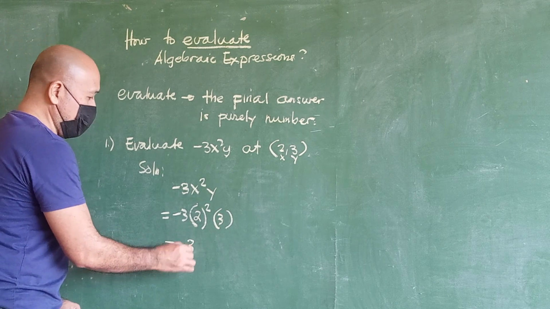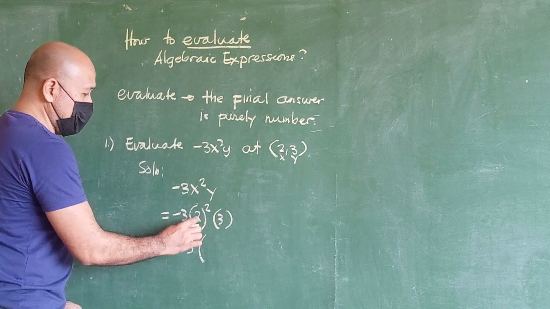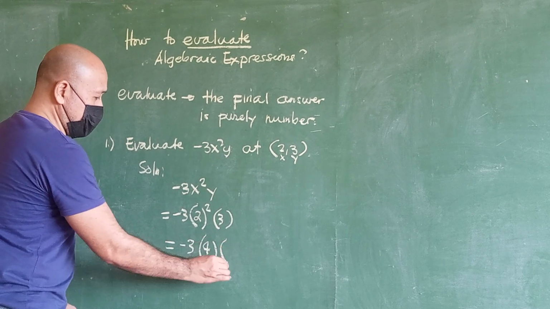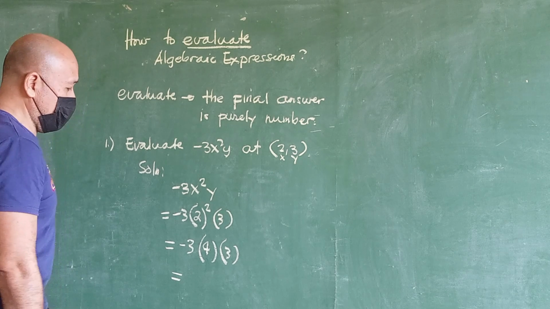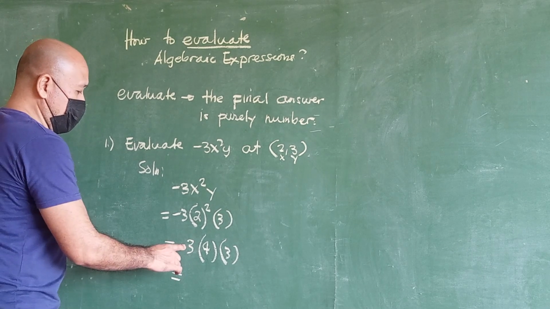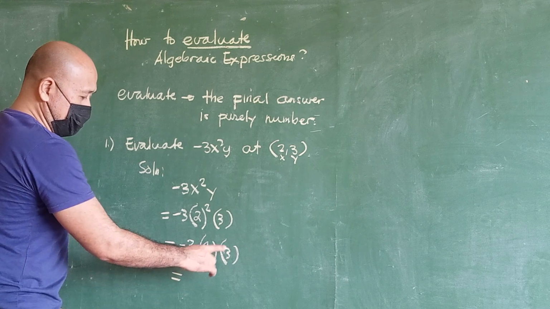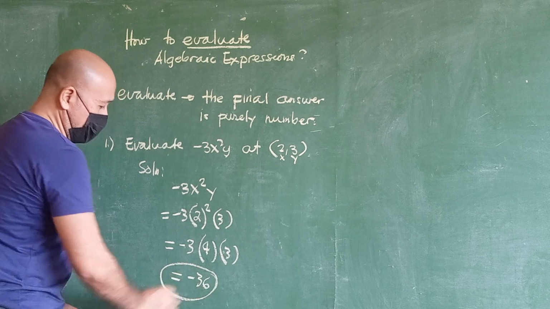But before that, you have to simplify the expression first. So 2 squared, or 2 raised to the power of 2, is equal to 4, and times 3. Multiplying together, you have negative 3 times 4, that is negative 12, and then times 3, you have negative 36 as your final answer.